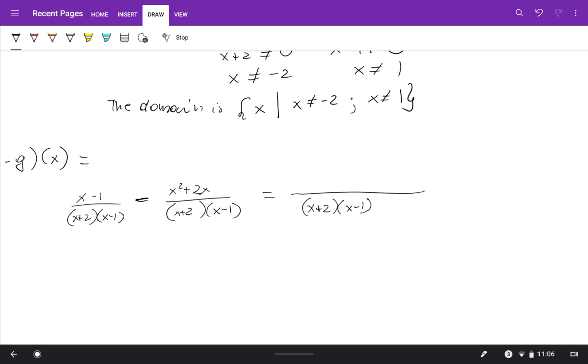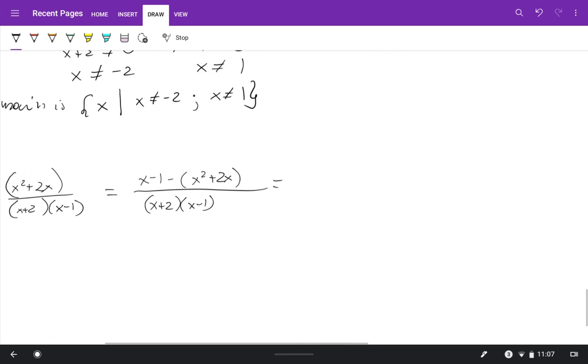Just be careful because you subtract the expression, so I recommend keeping that in parentheses. So this is x minus 1 minus x squared plus 2x. We're going to distribute that minus. So that will be x minus 1. Negative 1 times x squared is negative x squared.